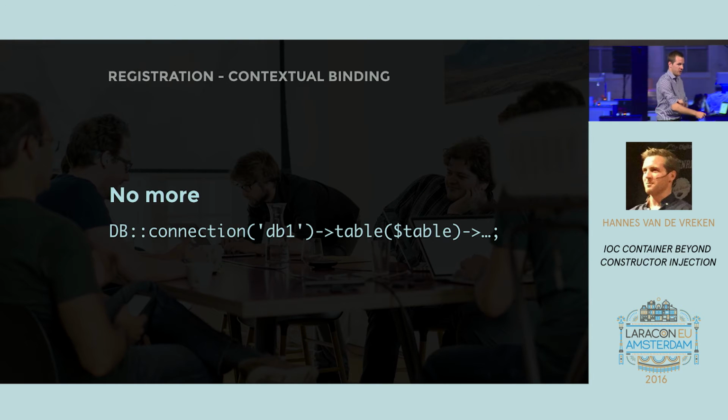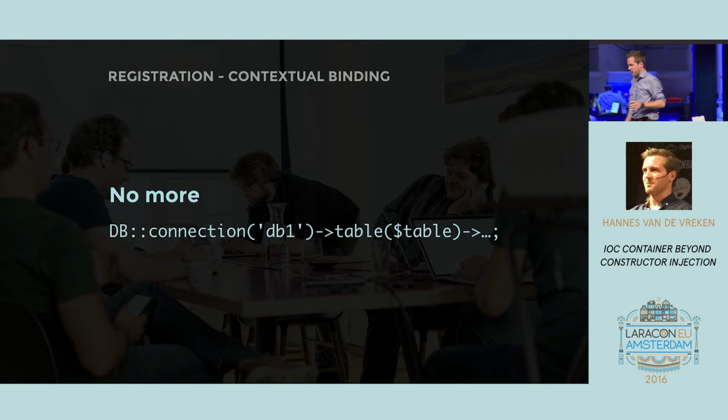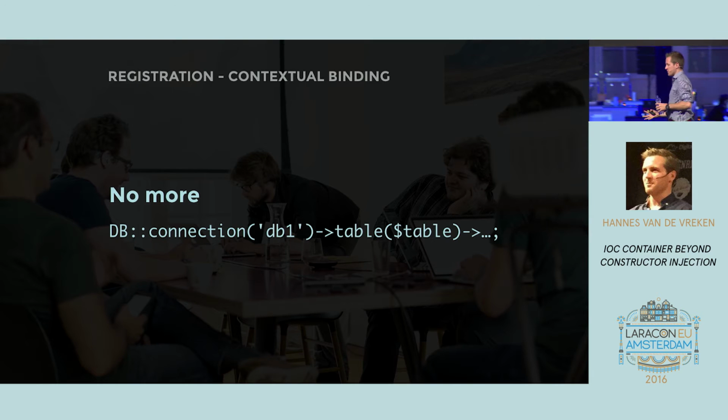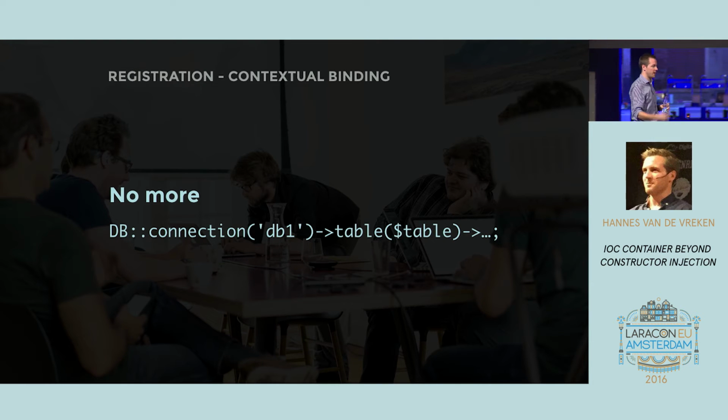I try to avoid using facades. You can use facades if you want, but let me show you this example. You have different database connections, and in some class, you want to use database 1. And on that database, you want to get some table and do some query on it.